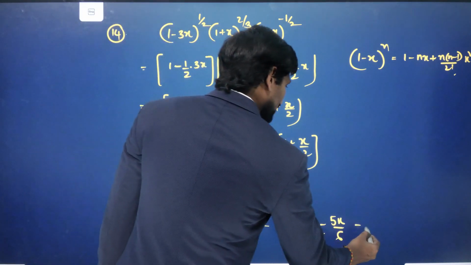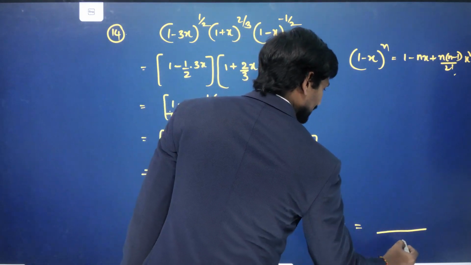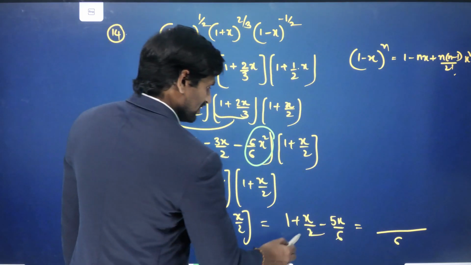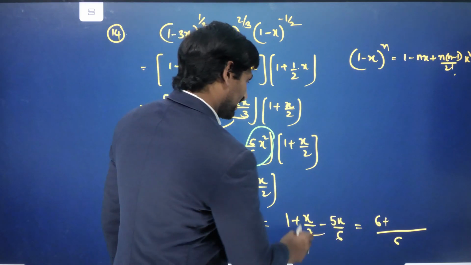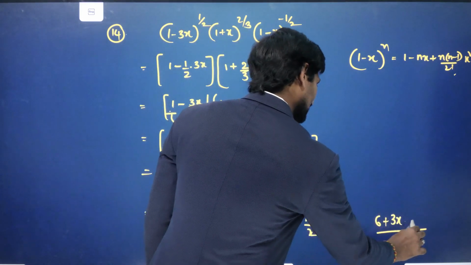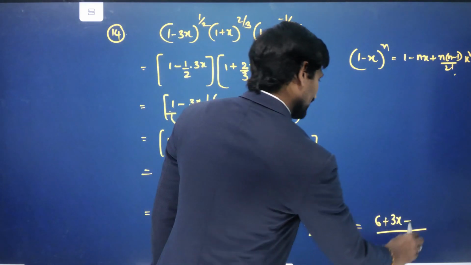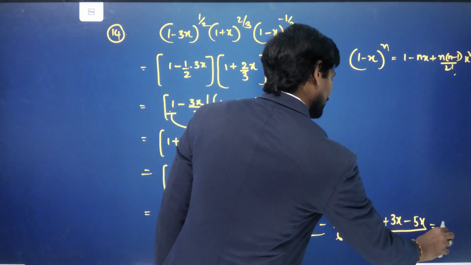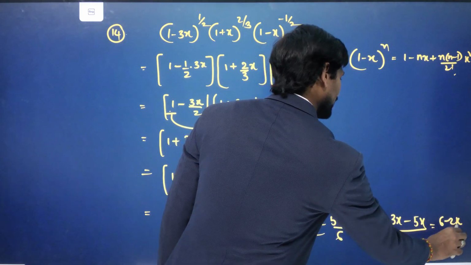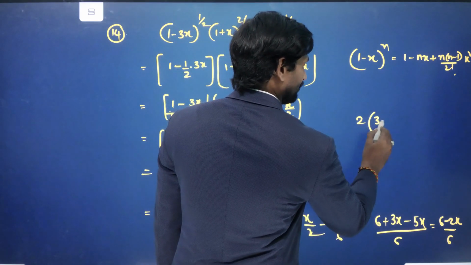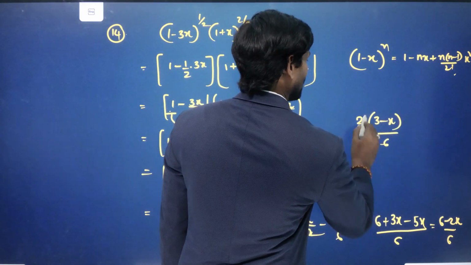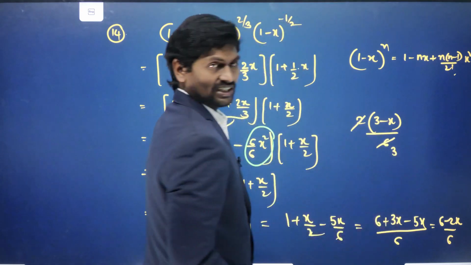So try to simplify this one. LCM is 6. 6 into 1, 6. Plus 2 table in 6 3 times, 3 into x is 3x. Minus 6 7 6 1 time, here 5x. That is equals to 6 minus 2x by 6. Take 2 as a common. That means 3 minus x by 6. After cancelling, we'll get 3.